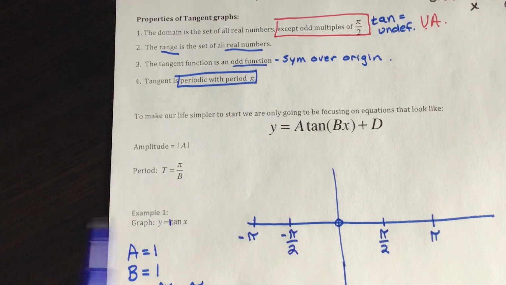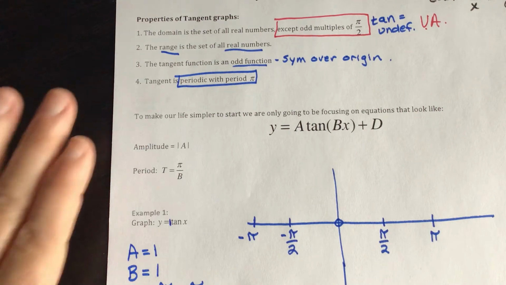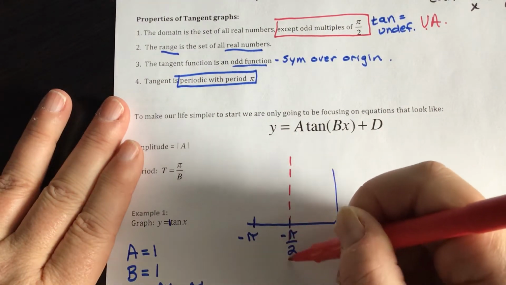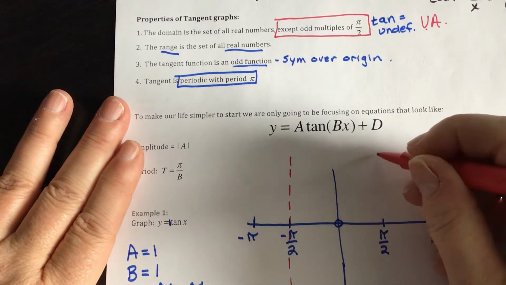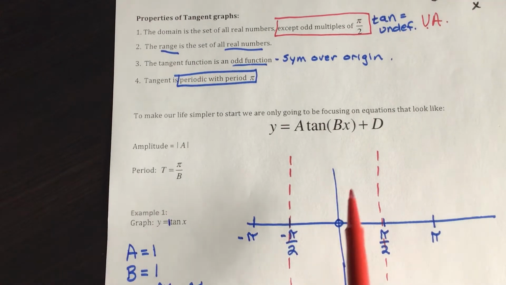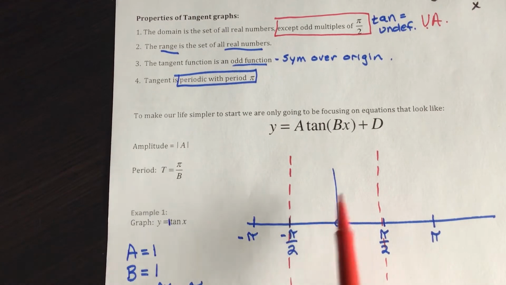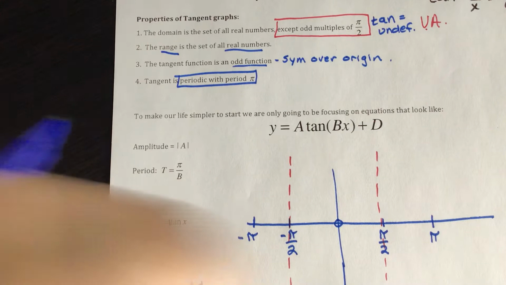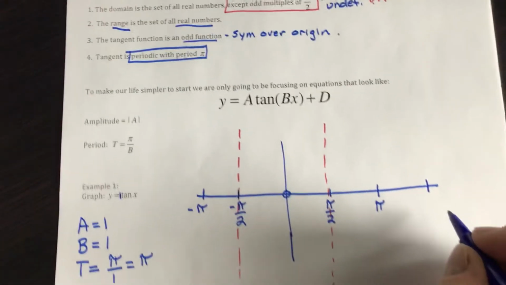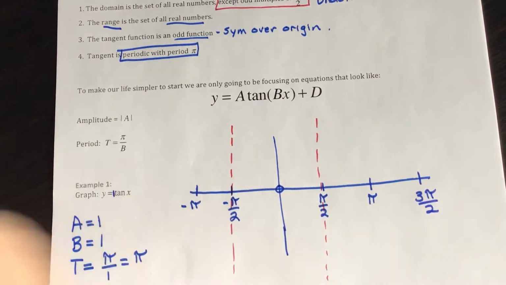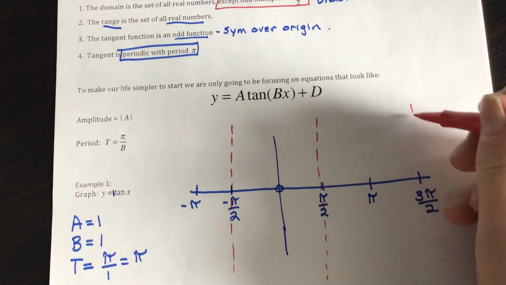At any odd value of pi over 2, I have a vertical asymptote. So one period of tangent is going to happen between two vertical asymptotes. I could have another over here. I could have a 3 pi over 2, which would also give me another vertical asymptote.